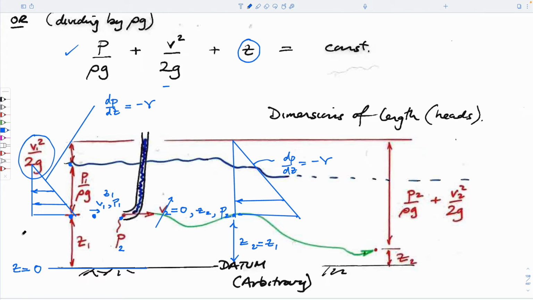Yeah. Why were we able to say that V2 is equal to 0? Because if you blow this up, this is your tube. This is the wall of your tube. This is a blow up of your tube.